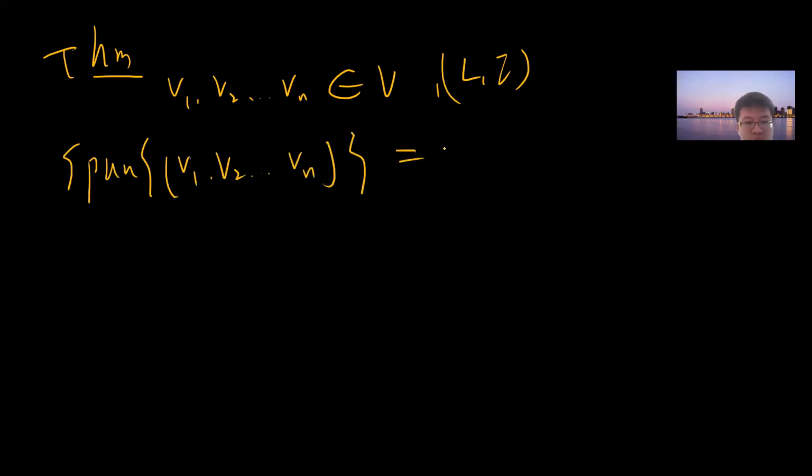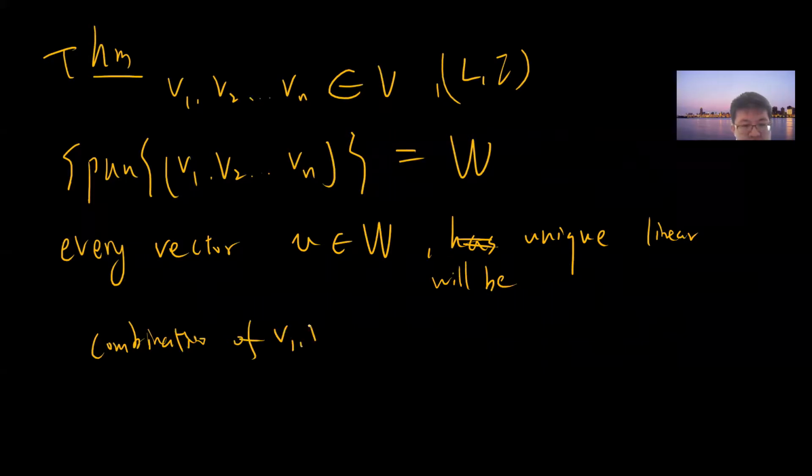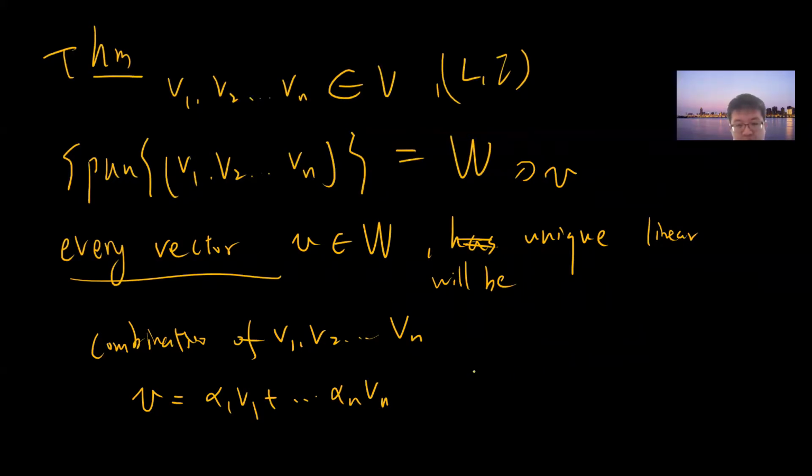Let's call it W. The theorem says that every vector v in W will have a unique linear combination of V1, V2 up to Vn. So what I'm saying is that you take any vector v in it, and v can be written as alpha 1 V1 up to alpha n Vn, and these alpha are unique.